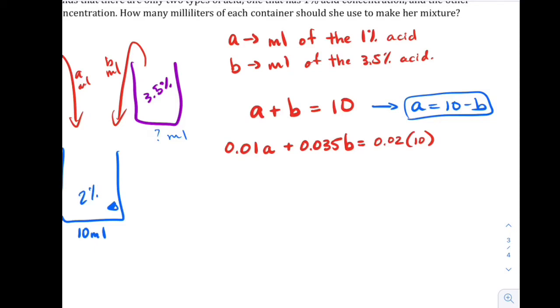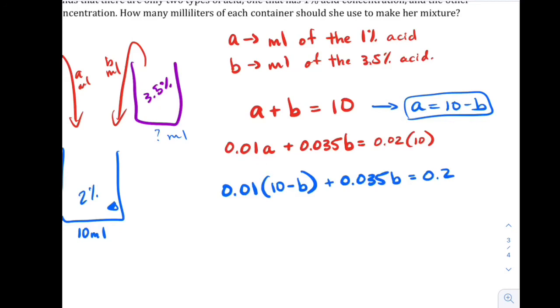We get 0.01 times (10 minus B), plus 0.035 B is equal to 0.02 times 10, or just 0.2, because I can multiply those. Now I'm going to distribute inside this first bracket.